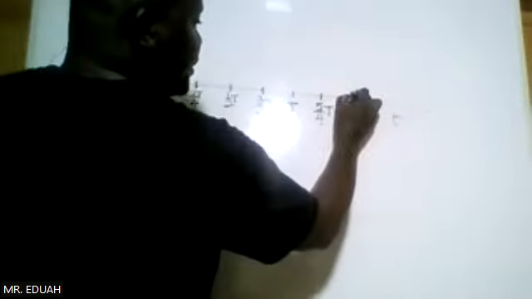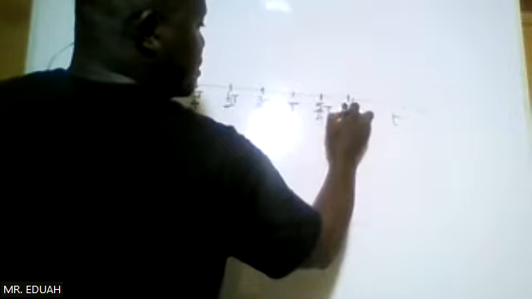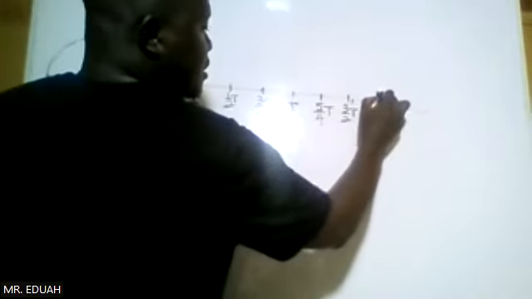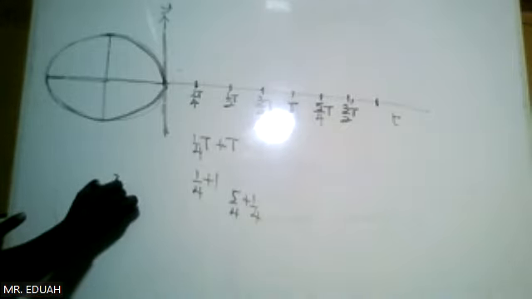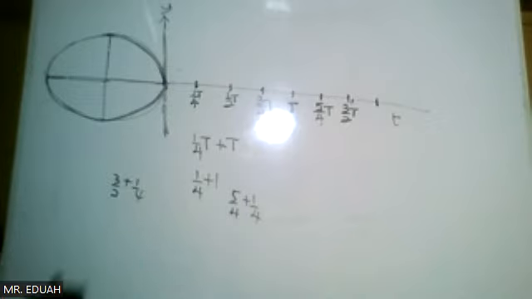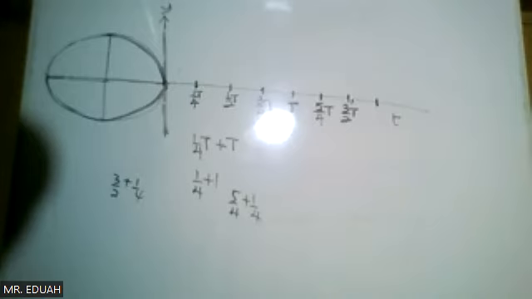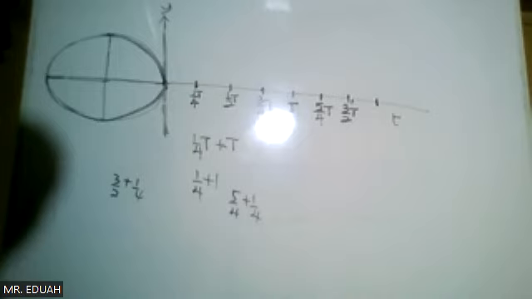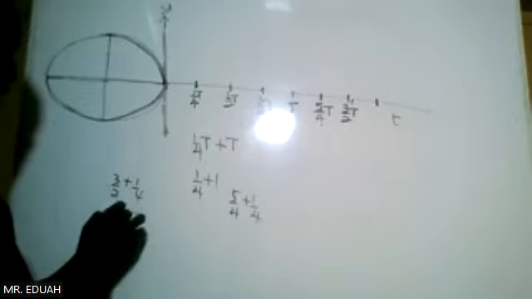So 3 on 2 plus a quarter is 7 on 4. Speak out, 7 on 4.